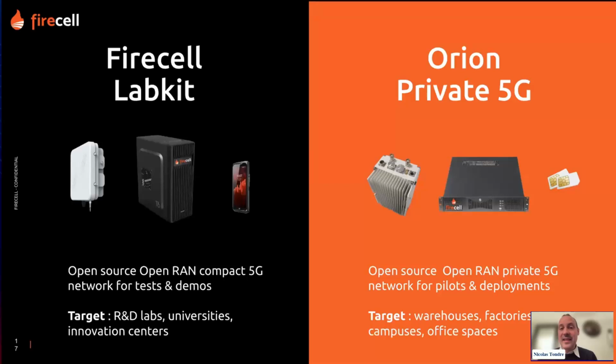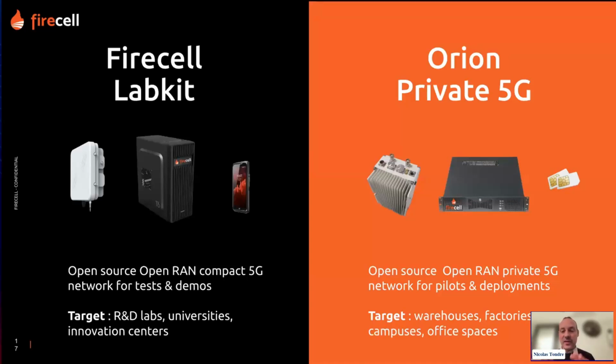Then on the right-hand side of this slide, you see another product that is made for deployment. It's called Orion Private 5G, and it's dedicated to industry: warehouses, factories, campuses, offices. It comes with a rack unit PC, and then you can choose the architecture you want.